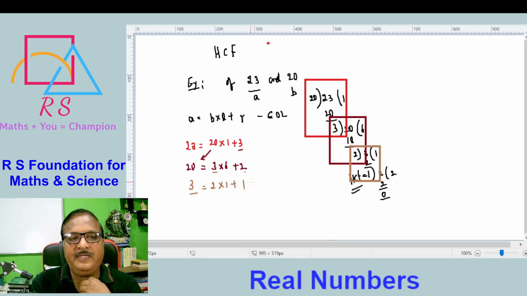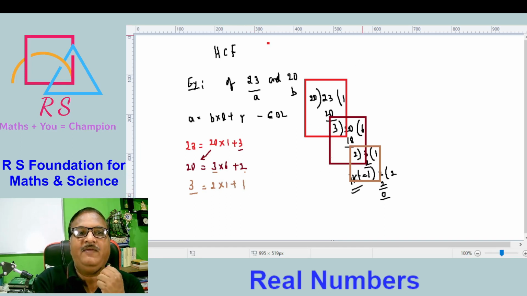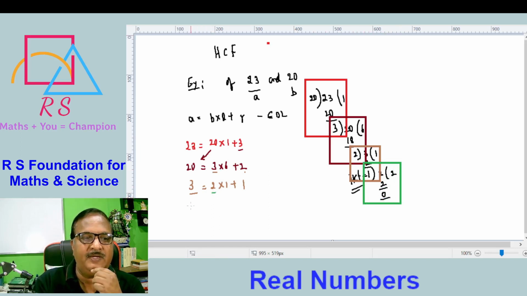Then one more division, the last division, where 2 equals 1 into 2 plus 0. So finally this divisor will be the HCF. HCF is equal to 1.